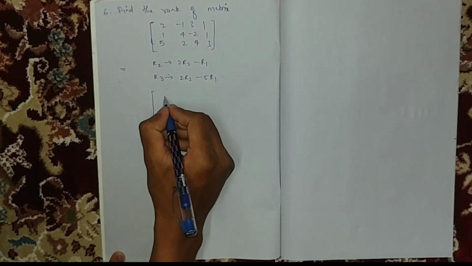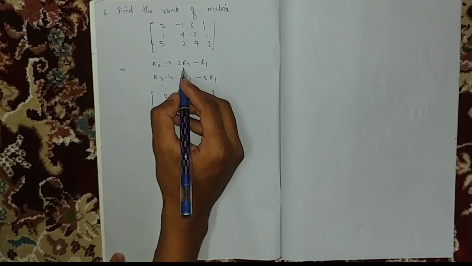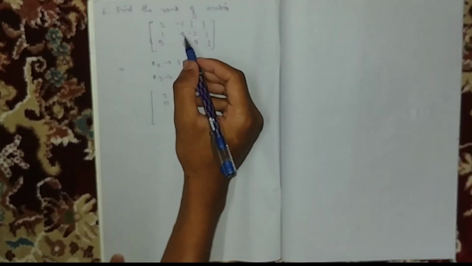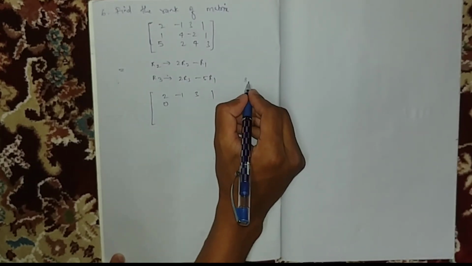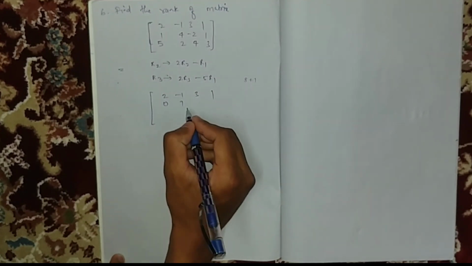Now 2 minus 2 is 0. Now 4 2s are 8, 8 minus minus 1 is plus 1, so it becomes 9.